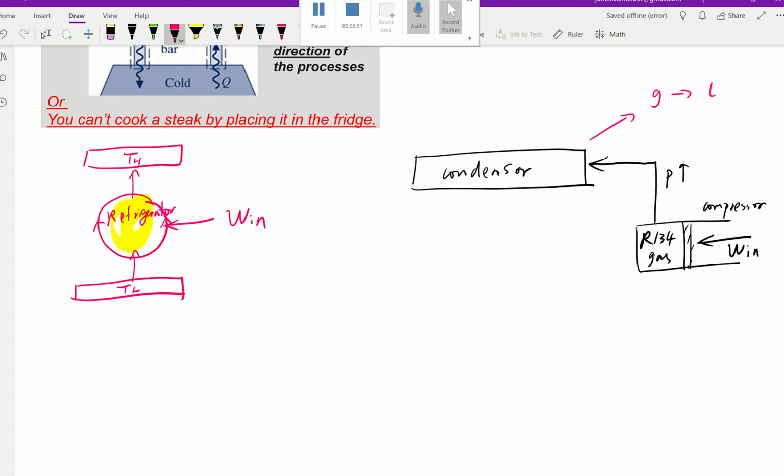In order to change the phase from gas to liquid, you will release heat. So there will be heat leaving the condenser. So where is the condenser located in the refrigerator? It's normally at the back of the refrigerator, and they have this condensing coil.